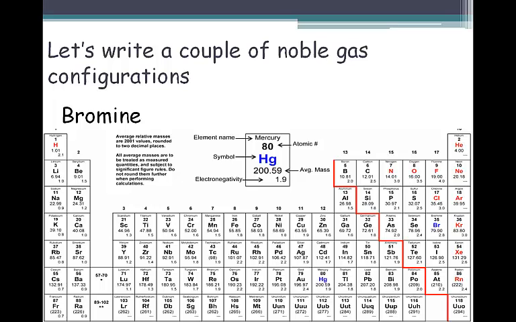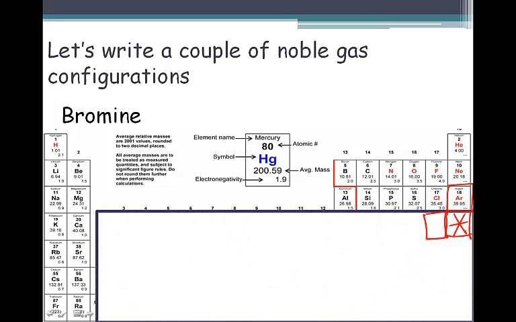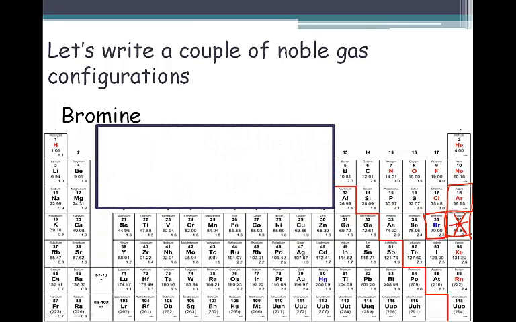Now bromine. Bromine is element 35, so we're going to look again at argon or krypton. Well, krypton has 36 electrons, more than bromine's 35. So argon will go in brackets. This is the 4s sublevel, and there's 2 electrons there.